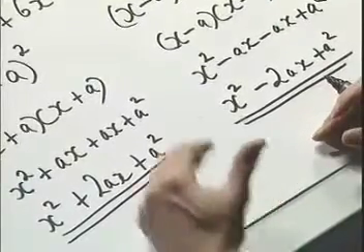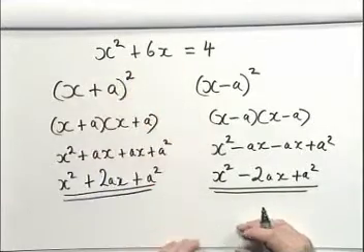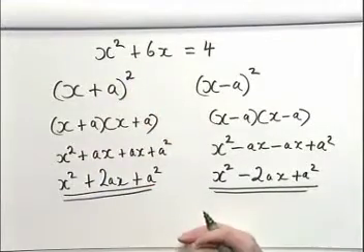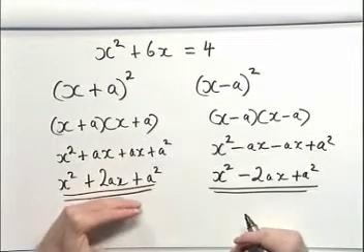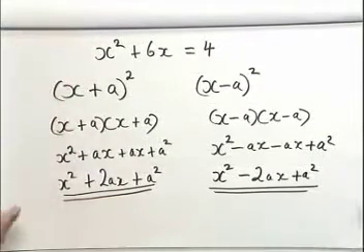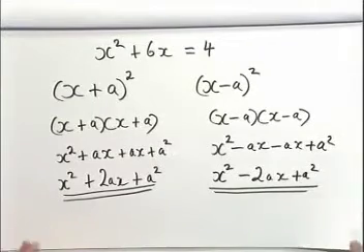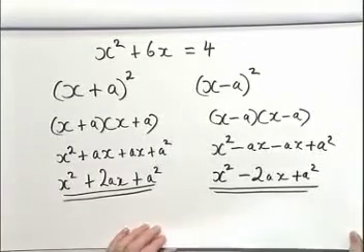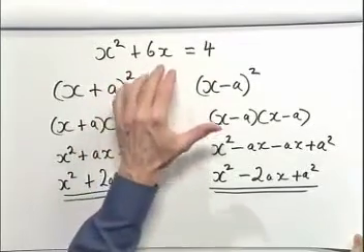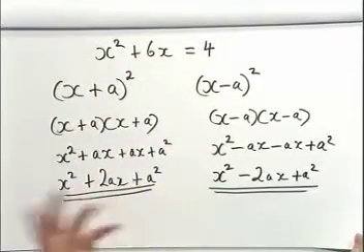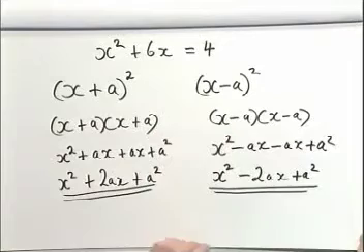Well, can I make this look like a complete square in some way, shape or form? If I compare this with this, what is it that I see? Well, perhaps one of the things I might like to have is this written as just a function, x squared plus 6x minus 4. And let's not worry too much about solving an equation.